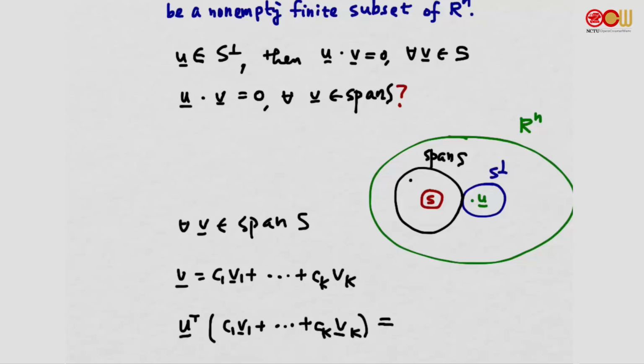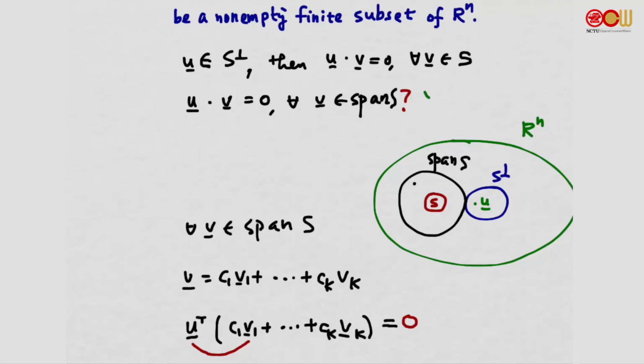So if we have the dot product of u and v1, we get 0. And similarly, for all the other terms, we get 0. So this is a 0. So indeed, if u is in S perp, u is orthogonal to every vector in S, then u is orthogonal to every vector in span S.